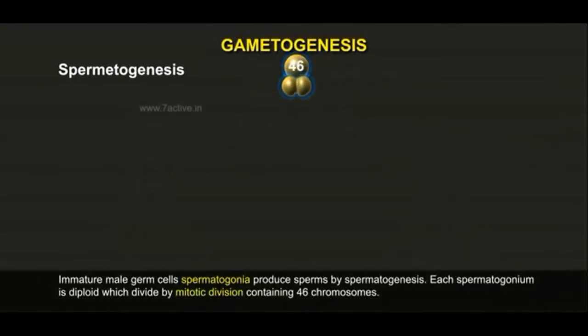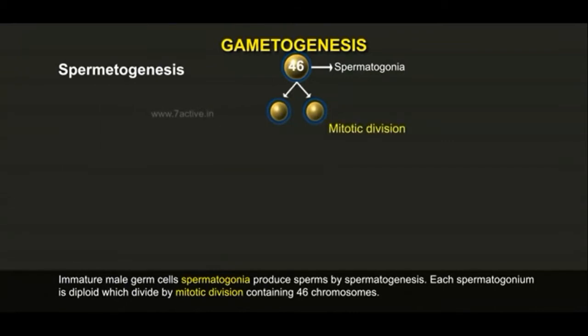Immature male germ cells, spermatogonia, produce sperms by spermatogenesis. Each spermatogonium is diploid, containing 46 chromosomes, and divides by repeated division.